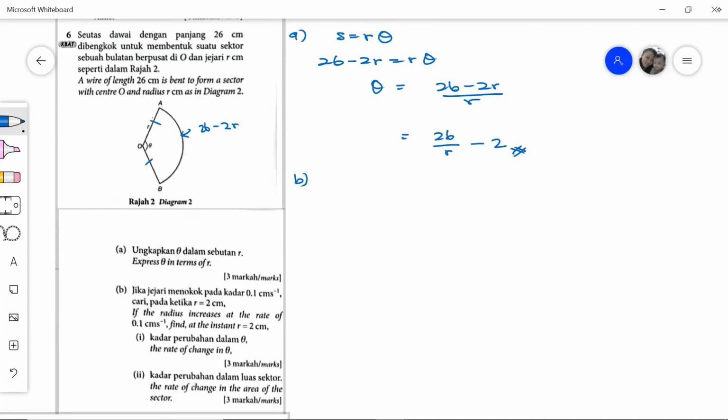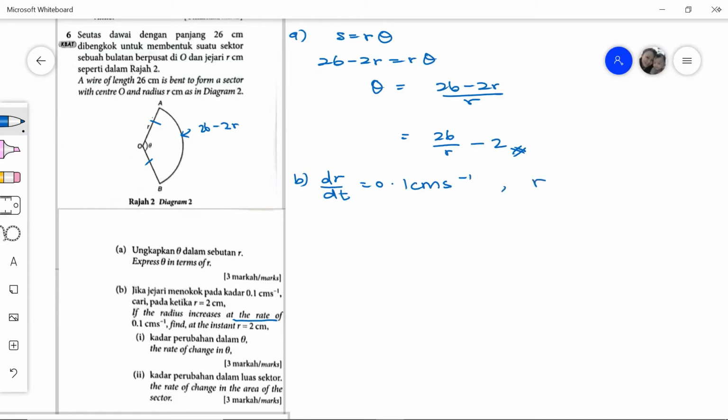If the radius increases at the rate of 0.1 cm per second, so by the keyword, the rate of change is involved here. So let's write in terms of dr by dt, the rate of change of radius. It is given 0.1 cm per second.